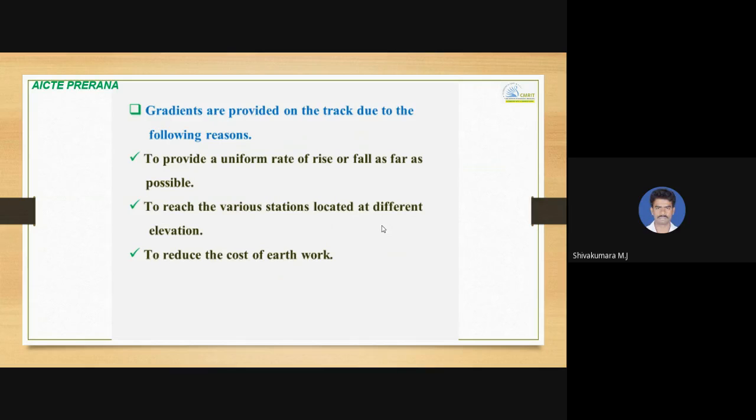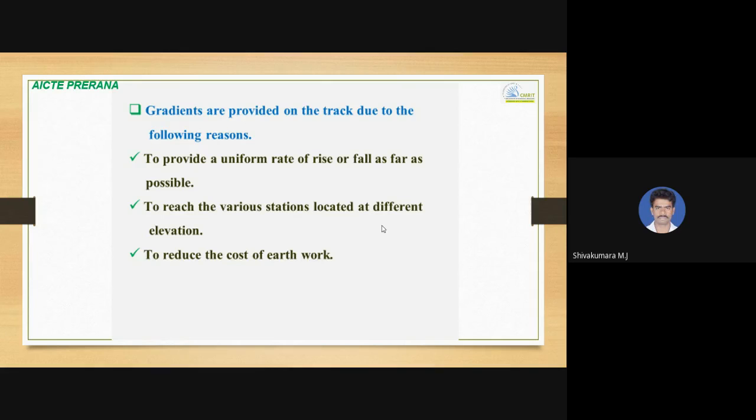Gradients are provided on track for the following reasons. They provide a uniform rate of rise or fall as far as possible, and help reach the various stations located at different elevations. If you take the length of a railway track, the elevation throughout its length cannot be the same because the topography of land over its length and wide area is different.